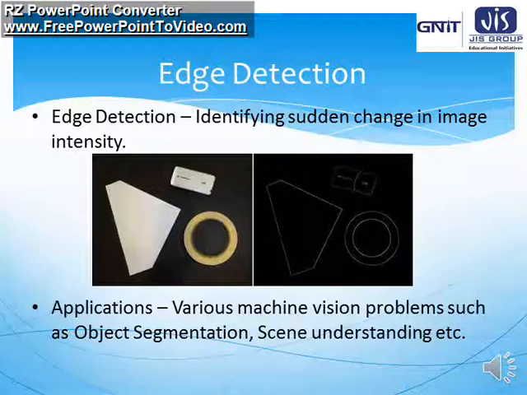Now we have to understand the sentence that edge detection means identifying sudden changes in image intensity. Here we can see in the left side image there is a triangle shaped paper, a pen drive, and a sellotape.